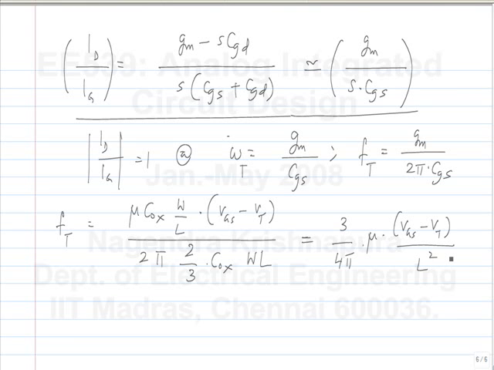So it turns out to be some constant times the mobility times the gate overdrive VGS minus Vt divided by L square. Okay. So first of all, it does not show any dependence on W.